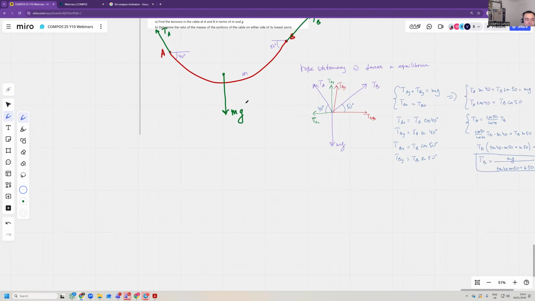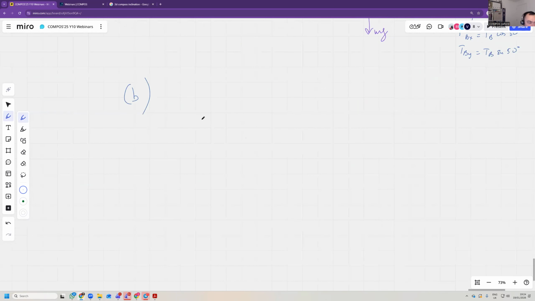Now problem B is quite a sophisticated problem. It says find the masses. You have the mass on the left and the mass on the right. To do this, you need to consider the two pieces of rope separately. So you have a piece of rope on the left, a piece of rope on the right. And here you have two forces, TAX and TAY.